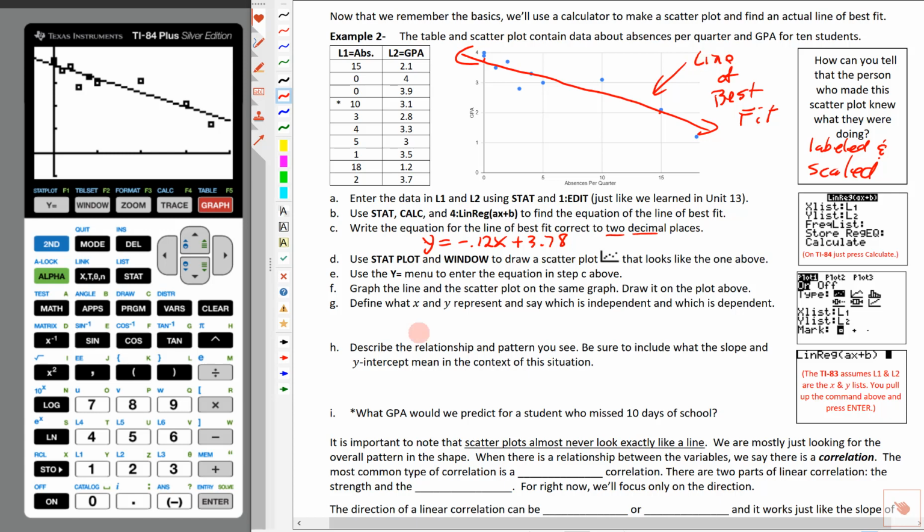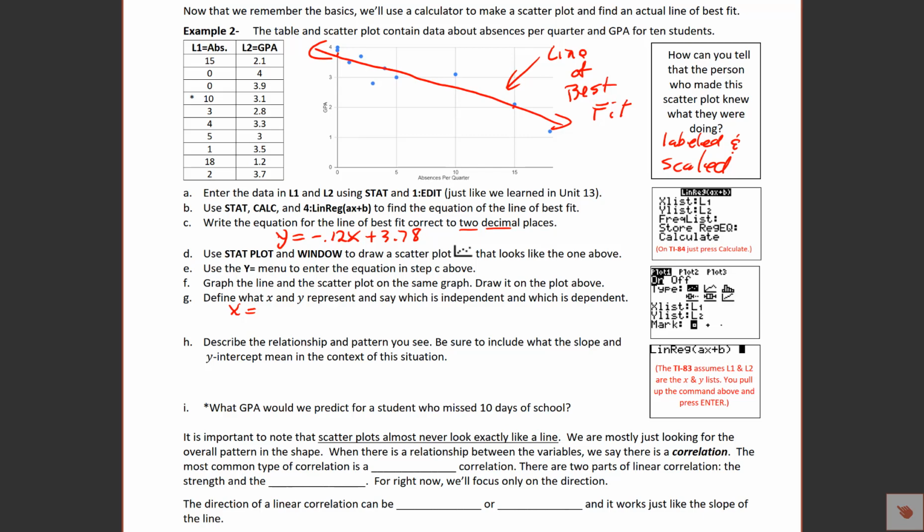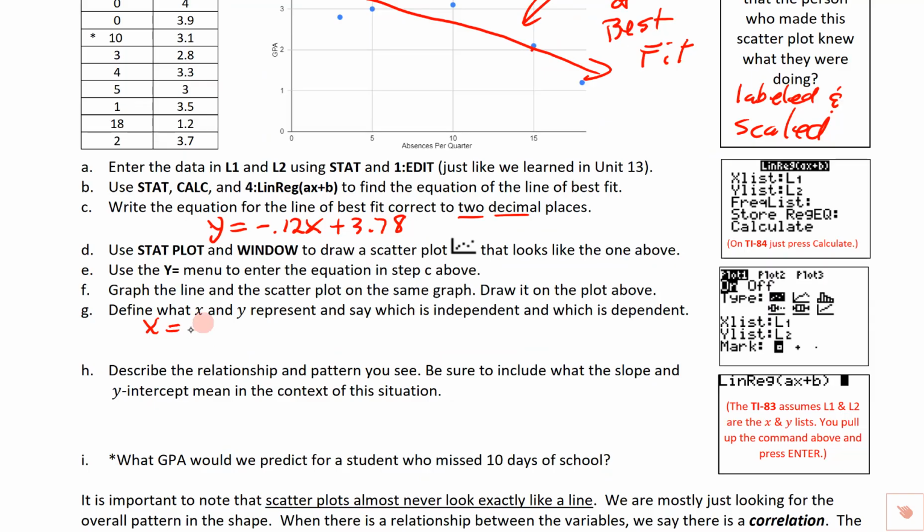Now it says define what x and y represent and say which is independent and which is dependent. So remember, x equals absences per quarter. So I'm going to make this a little bit bigger so we can write and see what's going on here. Okay, so x equals absences per quarter, or let's just say absences, and y represents GPA, and it says which one is independent and which one is dependent.